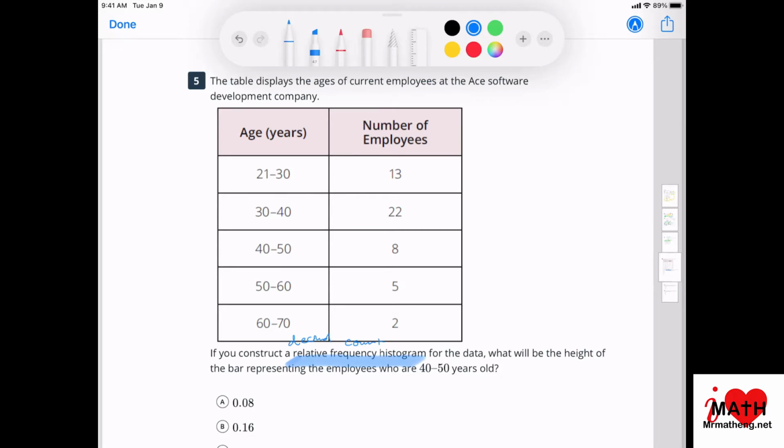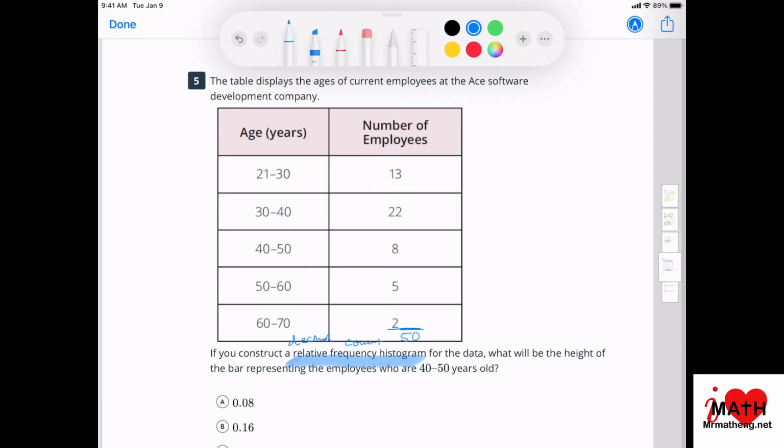Okay, so if I add all of these employees here, I have 13 plus 22 plus 8 plus 5 plus 2, which gives me a total of 50 employees. Okay, this is perfect. 50 is a great number.